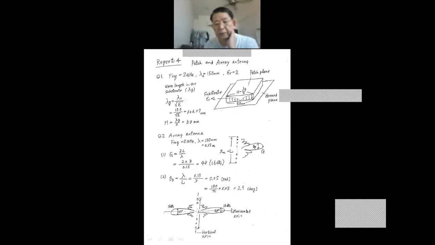So to achieve 16 dBi, the angle should be very small. Are you okay? Sensei, if the angle is very small, is the radiation for a smaller area or a wider area?